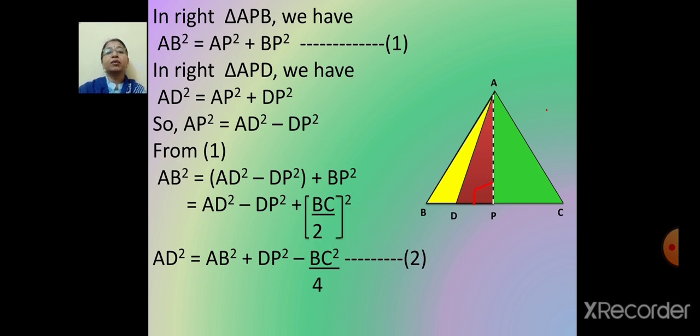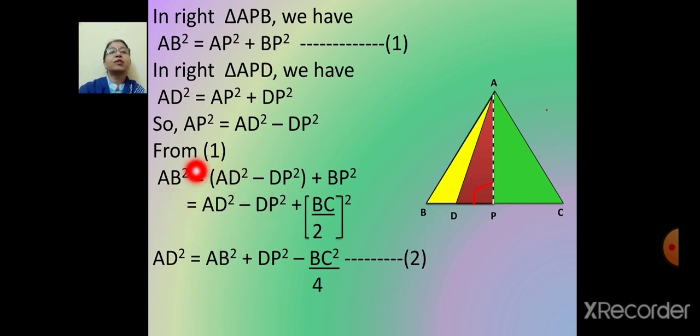Now let us open the bracket. So you will get AD square. Now what I have done? See, AD square I have kept here and the remaining term shifted on the other side. So on left hand side there is AB square.